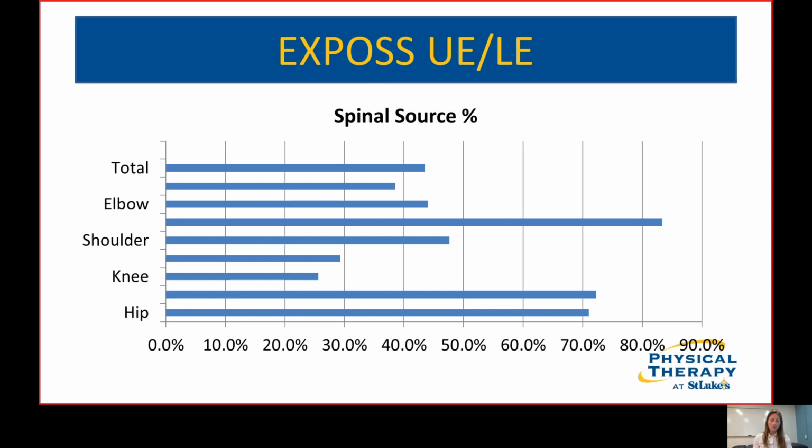In the lower extremity, just under 30% of isolated ankle and foot symptoms were of spinal origin. The knee was at 25.6%. The thigh, that just isolated thigh pain, had a 72% chance of being correlated to the spine, and the hip itself was at 71%. So this gives you the odds of how often you should be ruling out the spine in a hip or an elbow or a knee. This might change your thinking pattern.